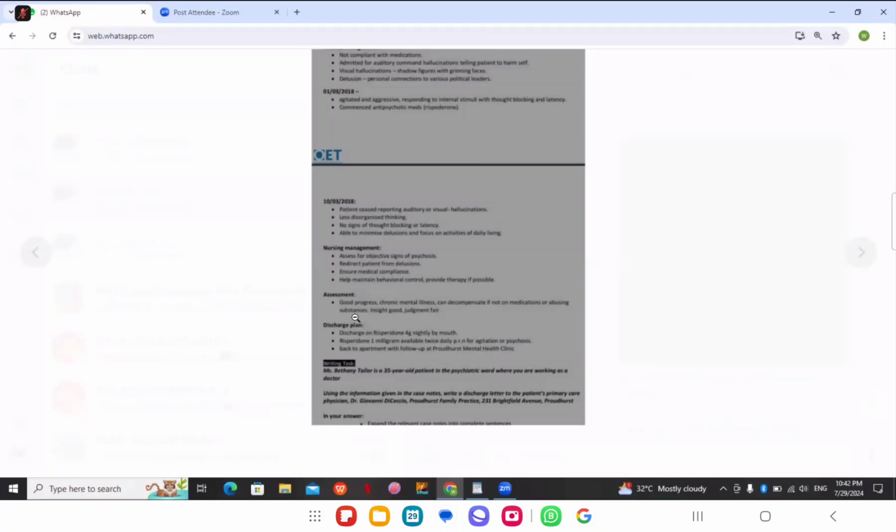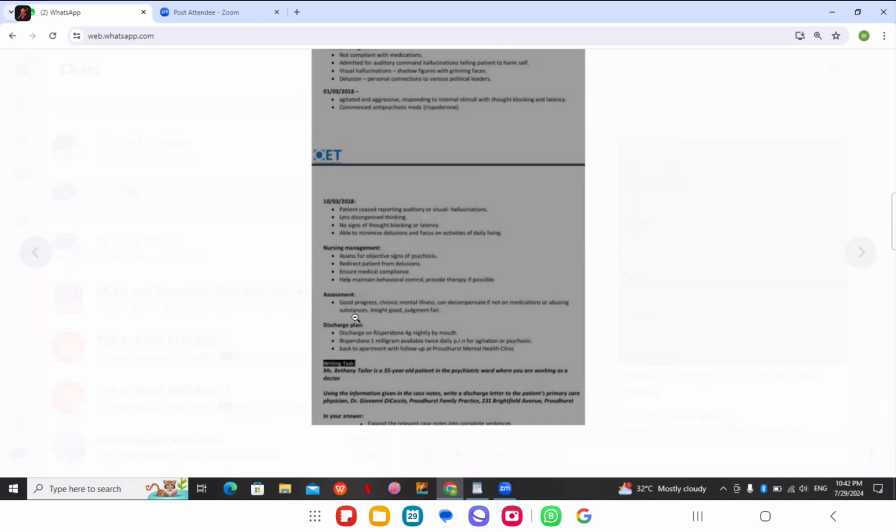This is the most recent visit. It means today I am standing beside the patient and talking to the patient. I'm getting the understanding that she is less disorganized. Her progress is good, her judgment is fair, insight is good. She is not having any delusions, hallucinations, either auditory or visual.